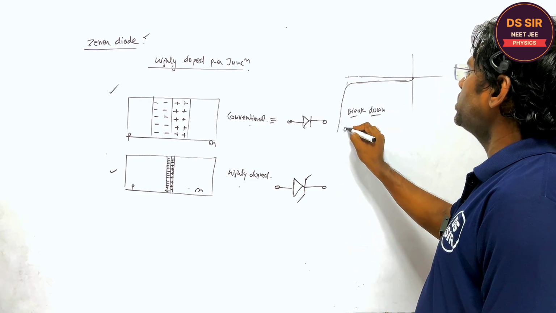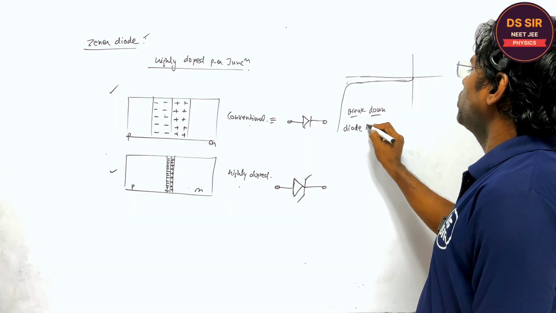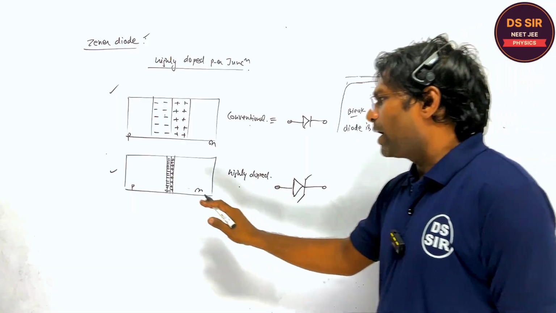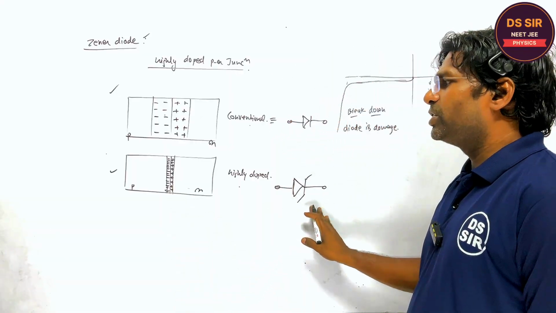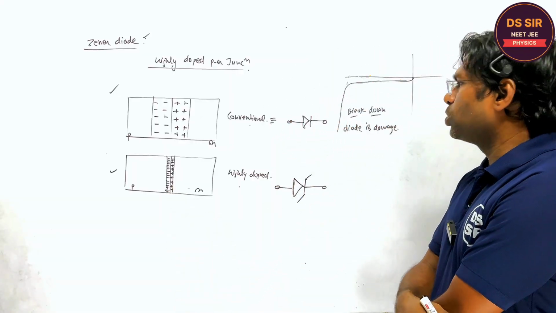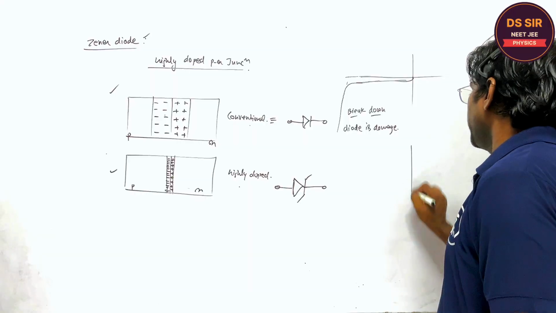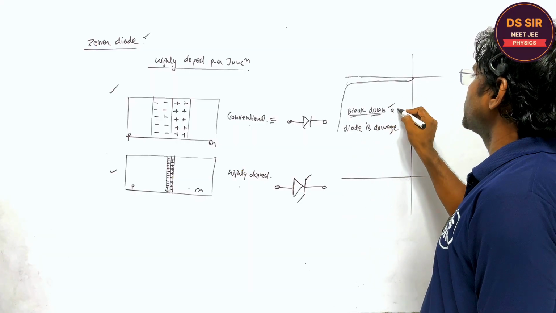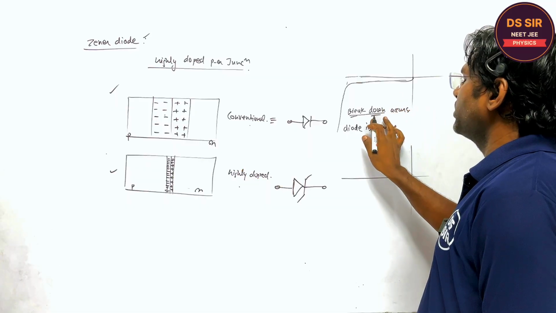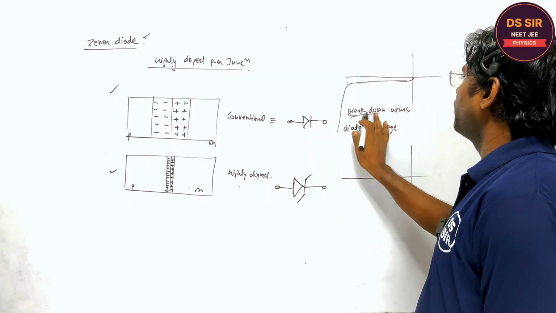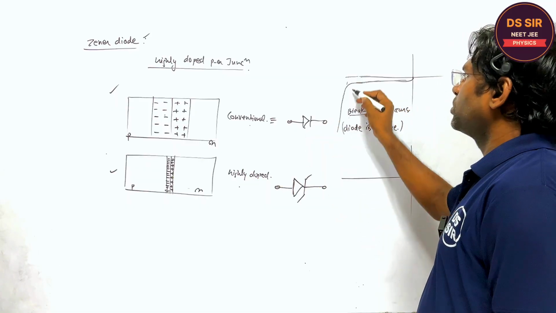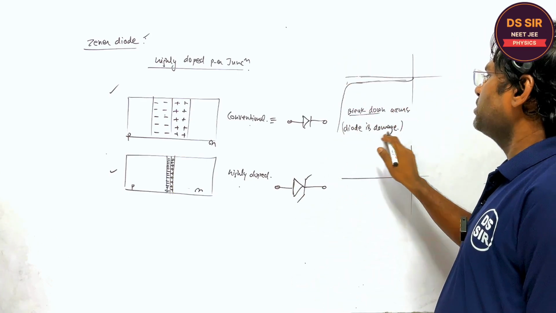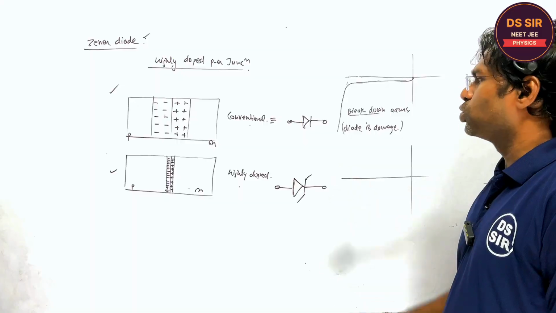In this case, the diode is damaged, right? But the highly doped PN junction, which is called the Zener diode, is especially doped such that breakdown occurs differently. In the conventional diode, very high current flows, and due to this heat is developed and the diode is damaged and it is useless.